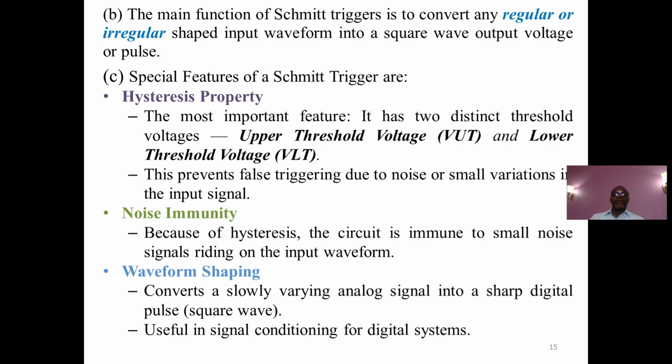So the special feature of this Schmitt trigger is that it possesses the hysteresis property. Here, the most important feature is this hysteresis property of the Schmitt trigger, because it has two distinct threshold voltages called the upper threshold and the lower threshold voltage. So this prevents false triggering due to noise or small variations in the input signal, because the signal must get to this upper and lower threshold before the system will work.